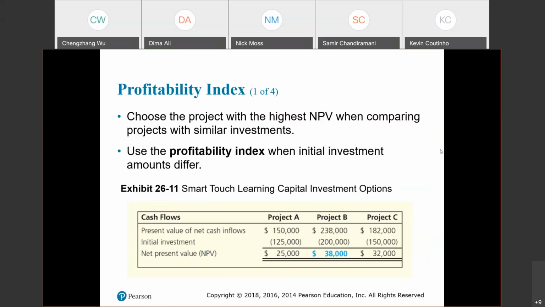But comparing the NPV of those two projects is only valid because both projects require the same initial cost.